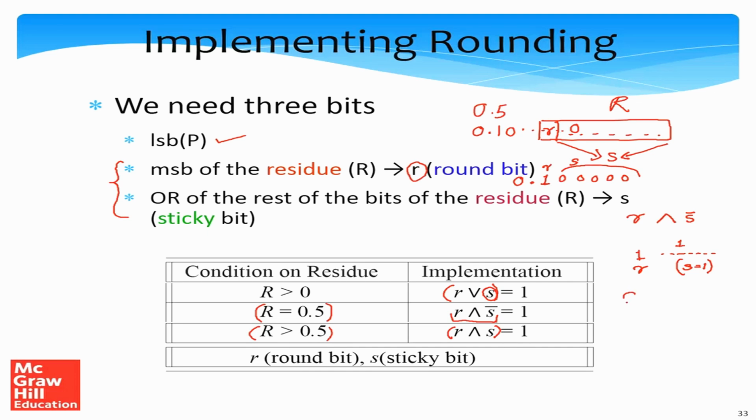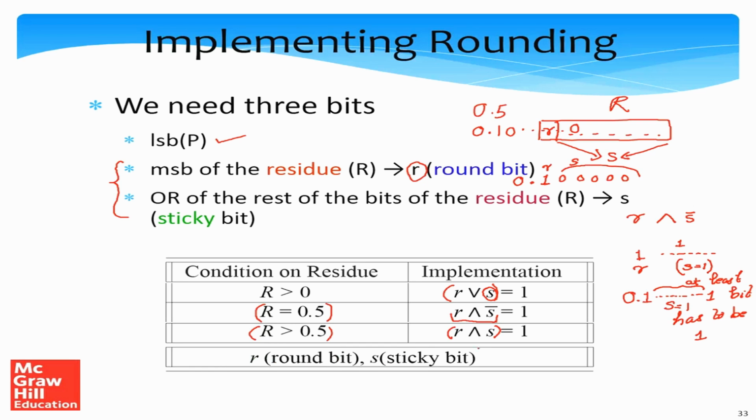Because any number greater than 0.5 has a binary representation of the form 0.1 followed by other bits, among which at least one has to be 1. If one of these bits is 1, their OR is 1, so S is 1. So the condition is R AND S equals 1.